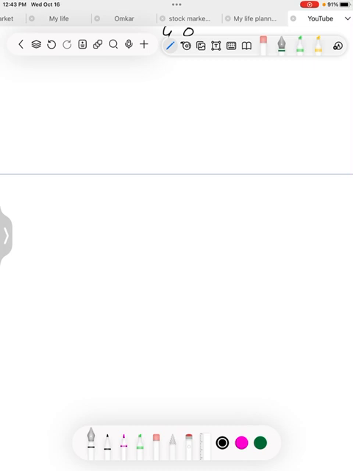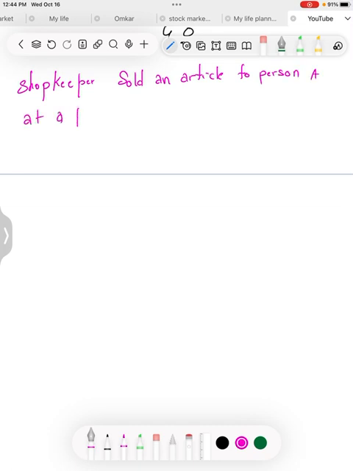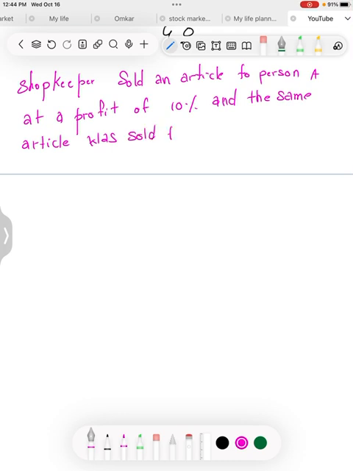The last question is saying that a shopkeeper sold an article to person A at a profit of 10%, and the same article was sold to person B at a profit of 20%.